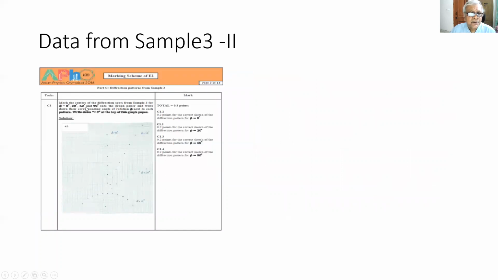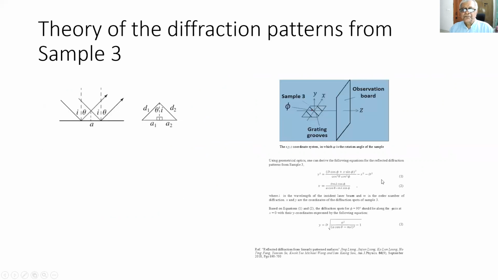The task with the data from sample 3 is to mark the centers of the diffraction spots from sample 3 for phi equal to 0 onto the graph paper and write down the corresponding angle of rotation phi next to each. So here it is written down: phi equal to 90 degrees, phi equal to 60 degrees, 30 degrees, and 0 degrees. The theory of the diffraction patterns from sample 3: basically these are reflection gratings.